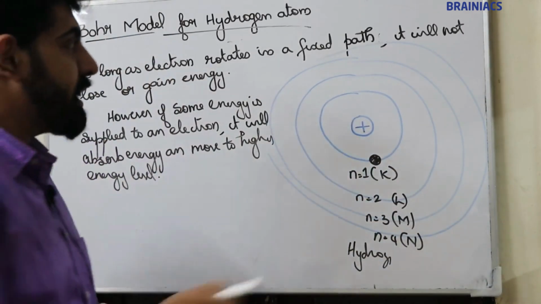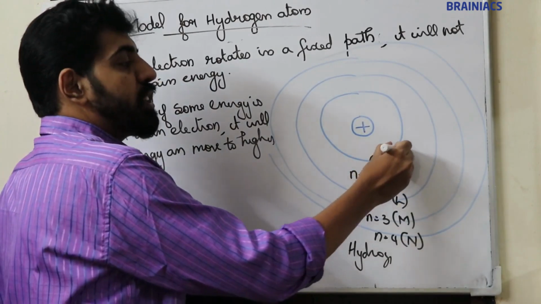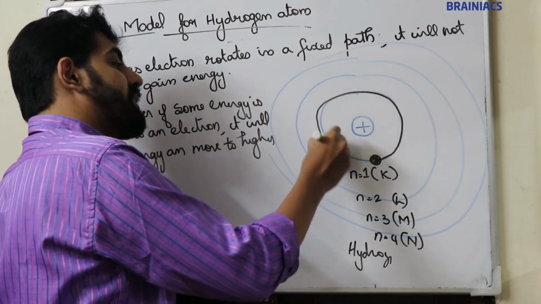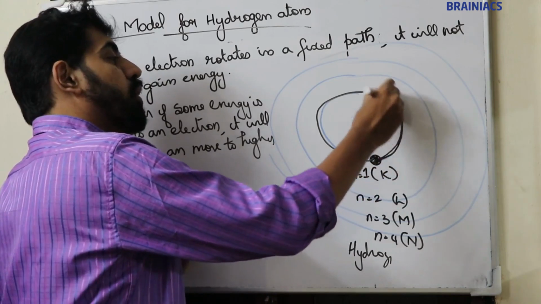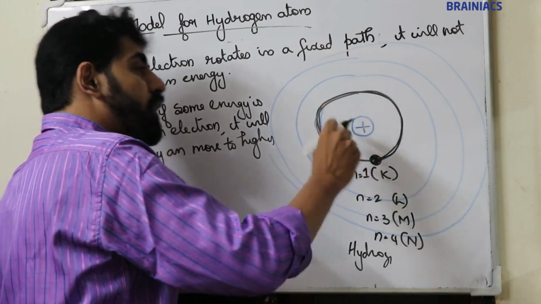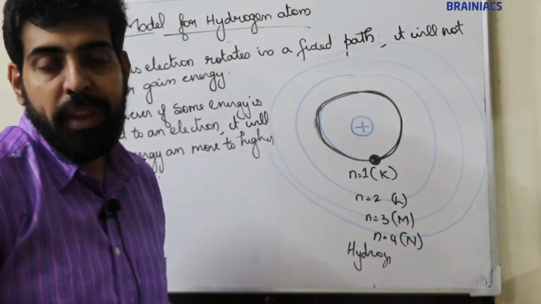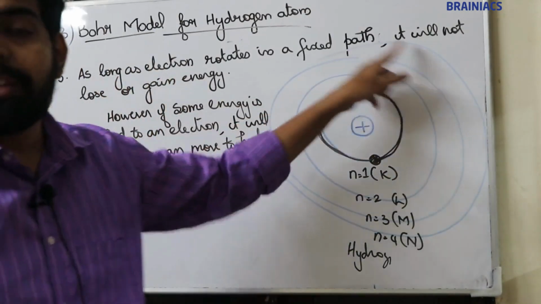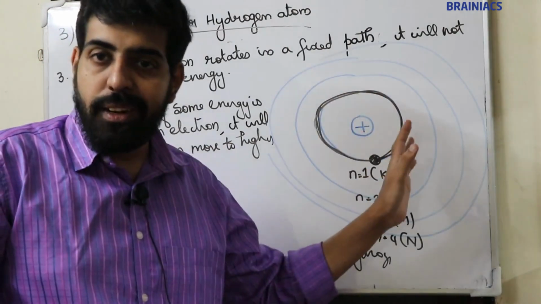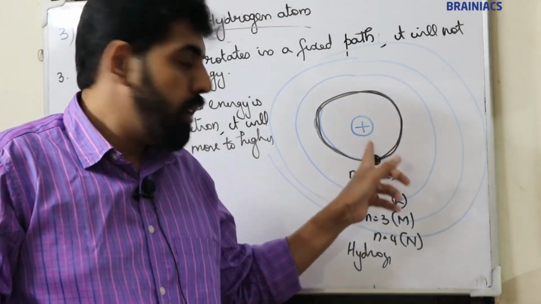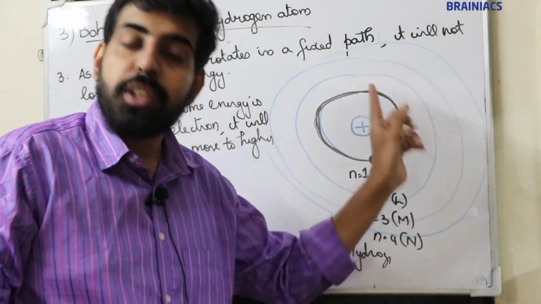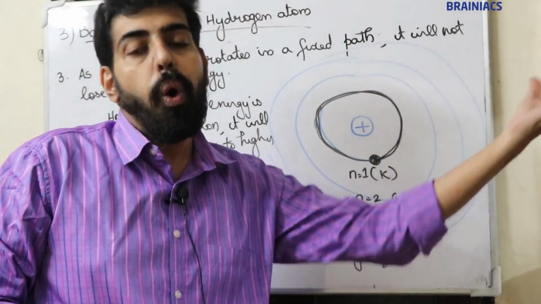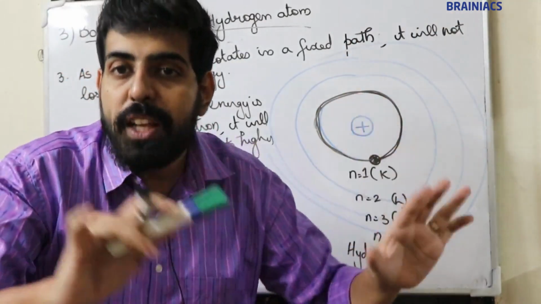Now, as long as the electron revolves in a fixed path, it will not lose or gain energy. It will not simply lose or gain energy.